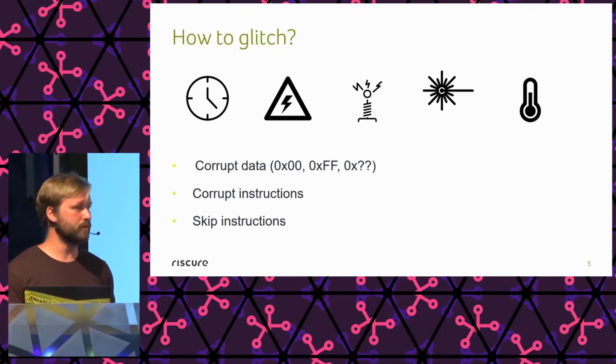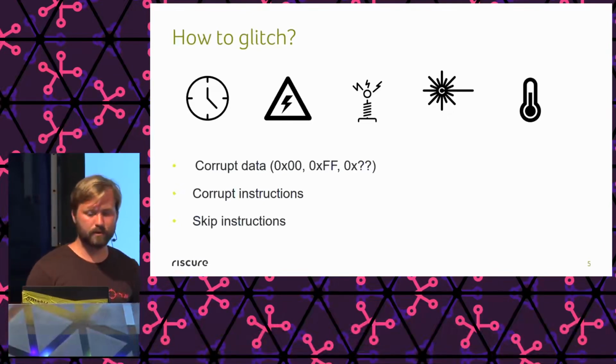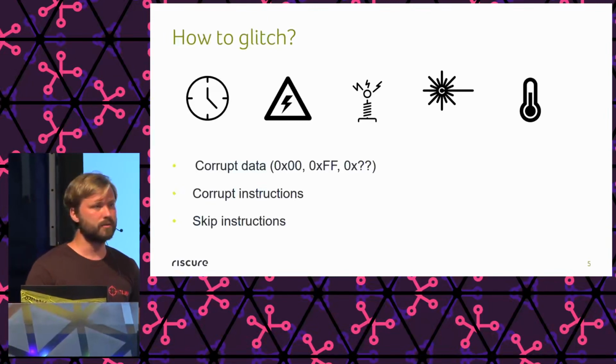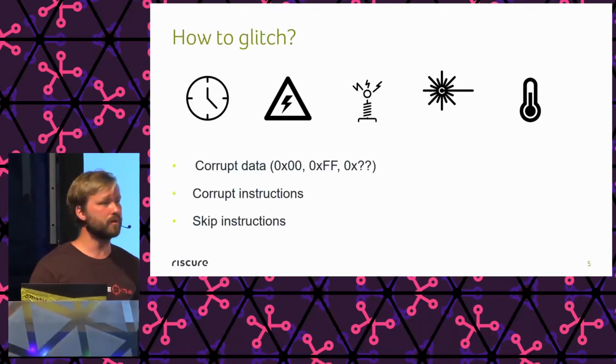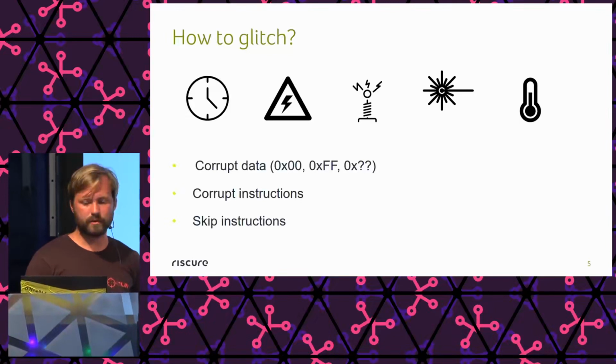Or voltage glitching. So you can disturb the voltage and observe the effects. Also, another type is electromagnetic fault injection. So you introduce a pulse into the target, and you try to affect it that way. Other types could be laser or even temperature in some cases.